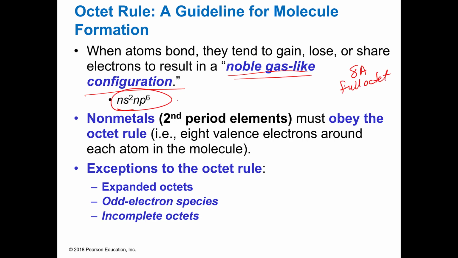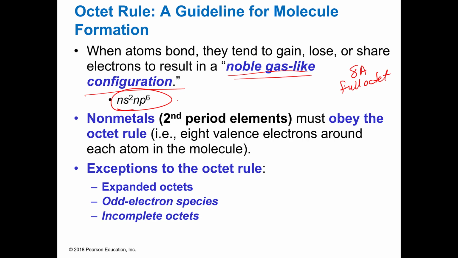That is, they have an s2p6 configuration. Since they have a full octet, they're really not interested in giving away electrons or taking any more, because they have the octet, which is what all of these elements are trying to achieve.